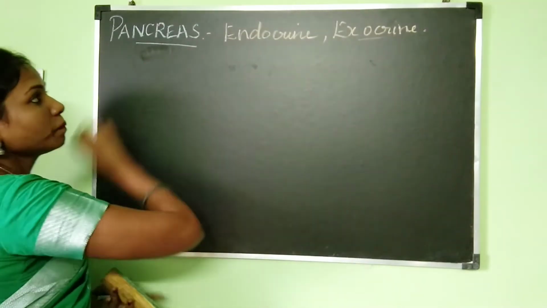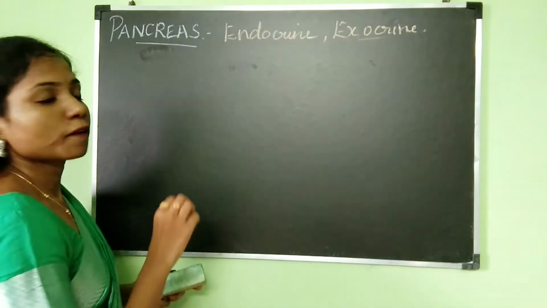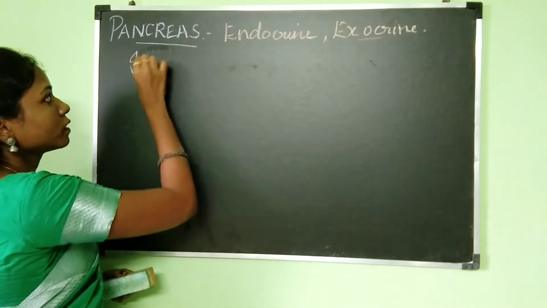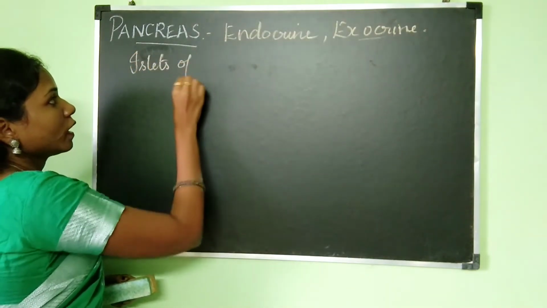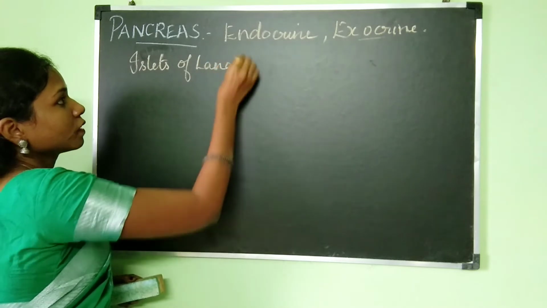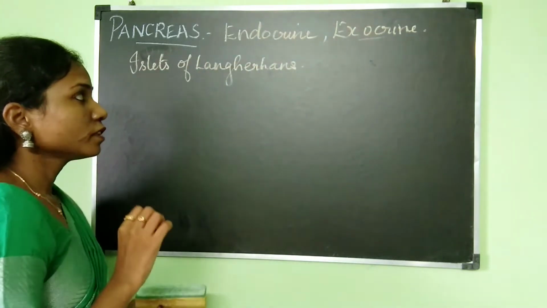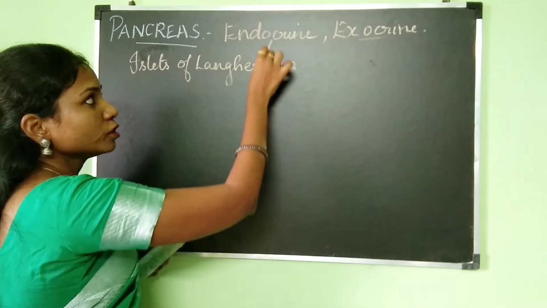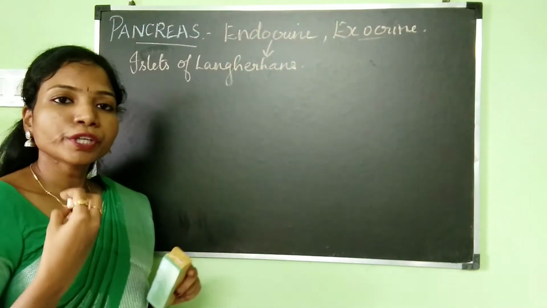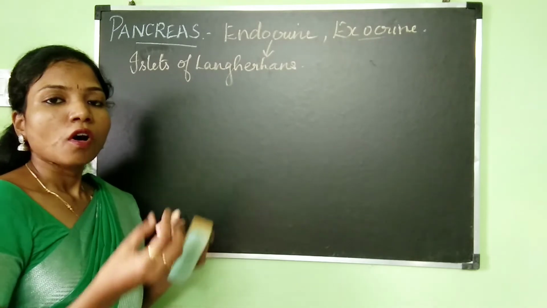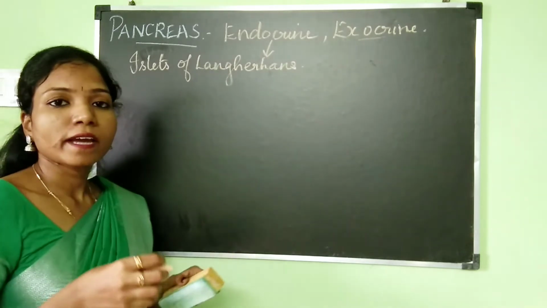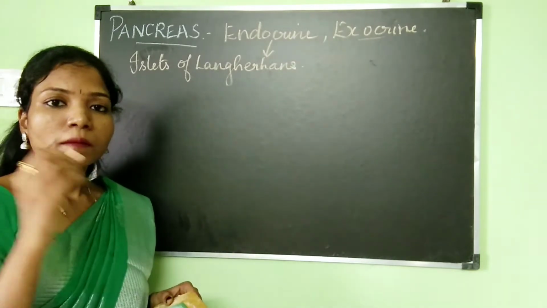So the endocrine part of the pancreas consists of cells which are known as islets of Langerhans. These islets of Langerhans produce the hormones, or in other words, they are the endocrine part of the pancreas.